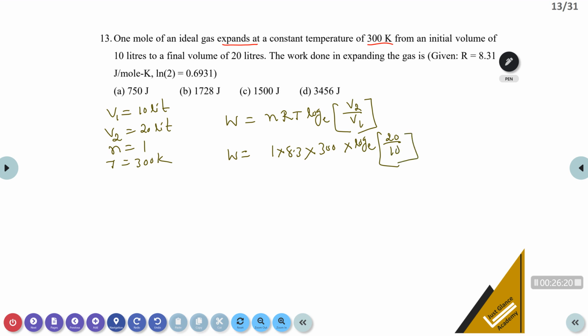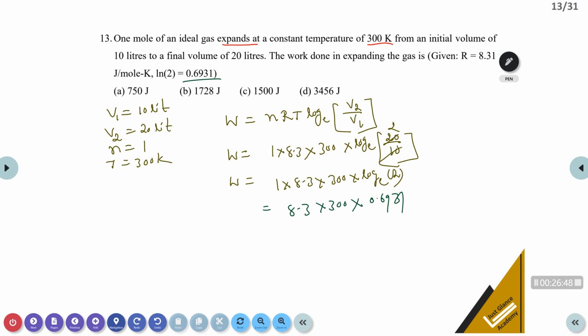No need to convert liter to meter cube because it's a ratio. This cancels. It is 2. So work done equals 1 into 8.3 into 300 into log to the base e of 2. Here log to the base 2 is given. This is equal to 8.3 into 300 multiplied by what?